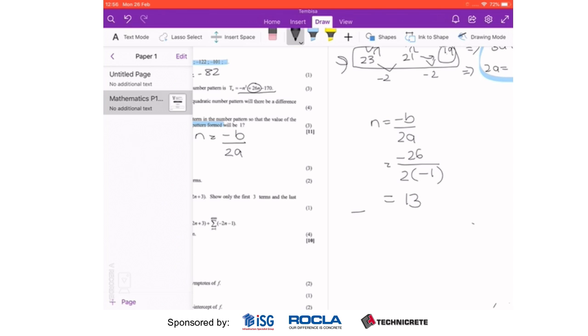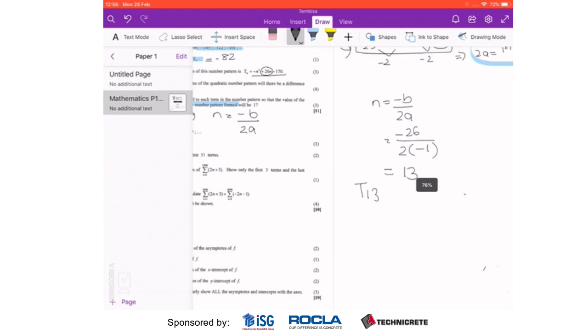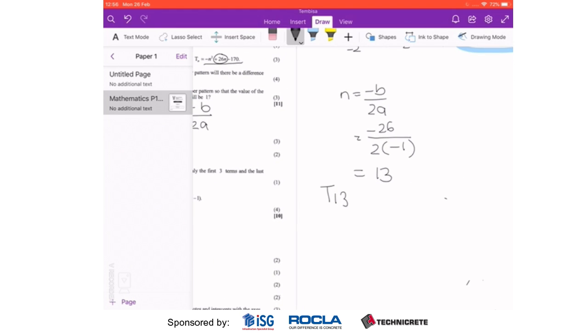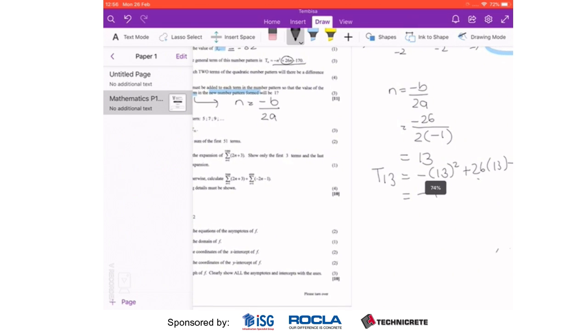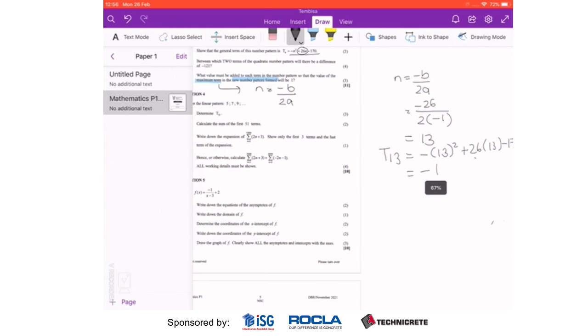Okay, so that tells me it's going to be term 13. Now we need to find term 13. Let's substitute in negative 13 squared plus 26 times 13 minus 170. And this should give you negative 1. Now, negative 1 is not a maximum term of 1, so how much more will be needed?